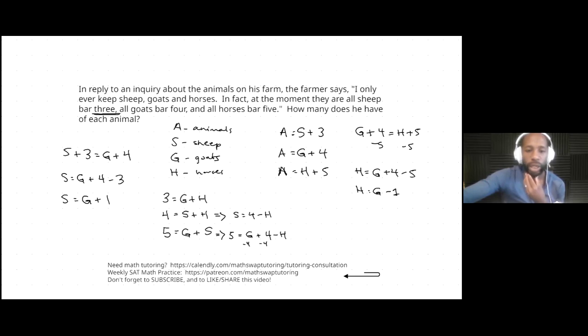Oops, I should have written that over here. So 1 is equal to G minus H.